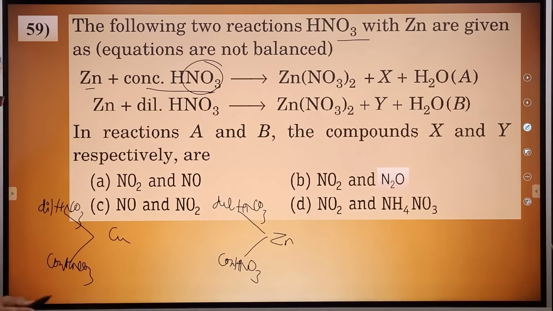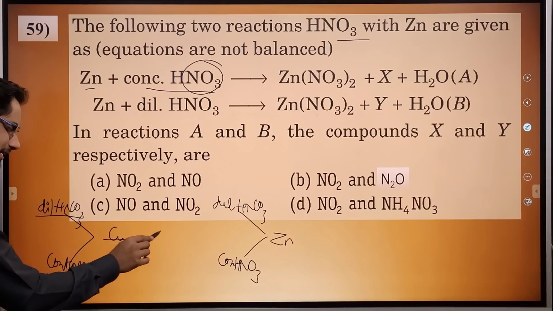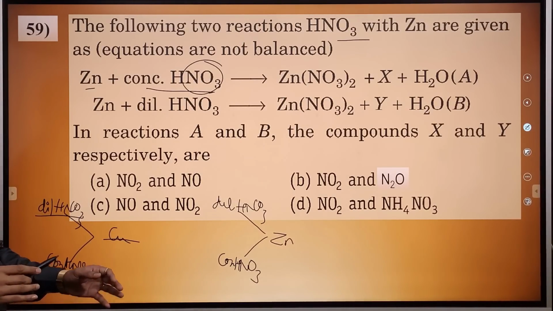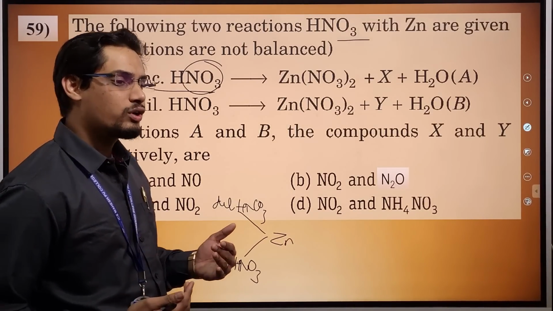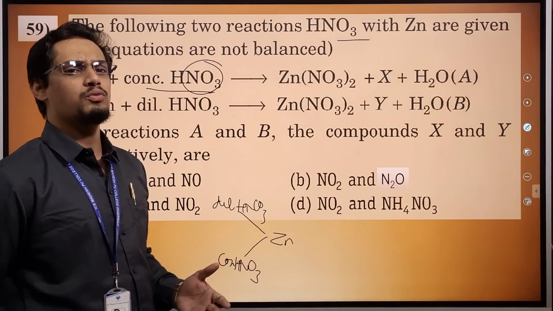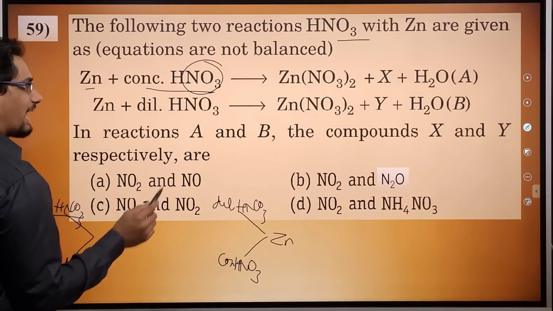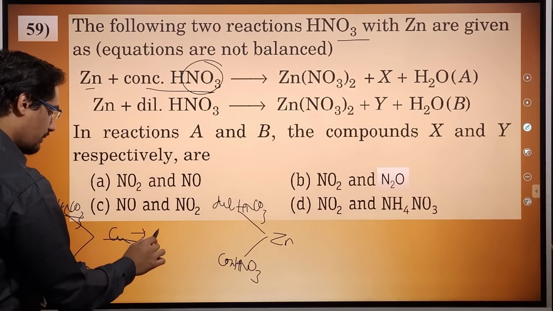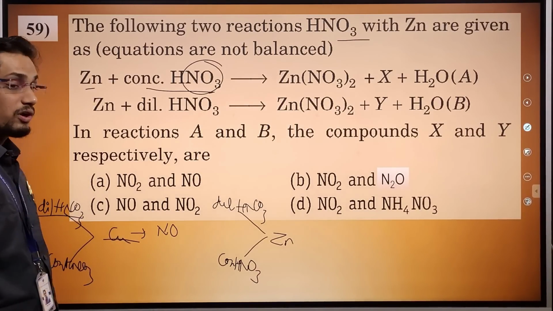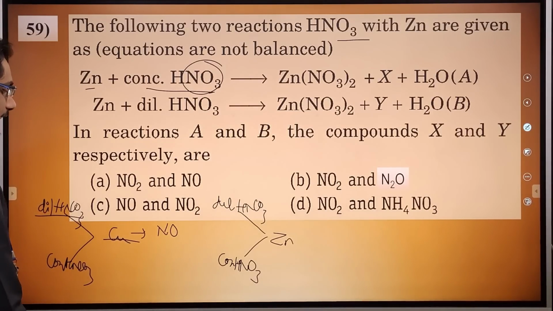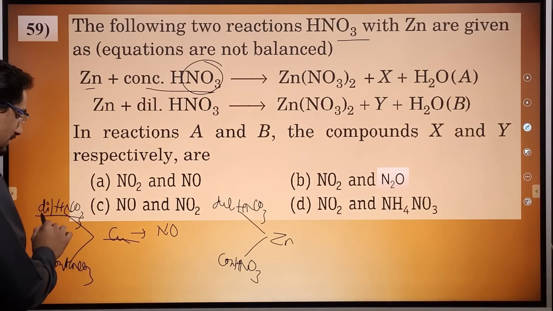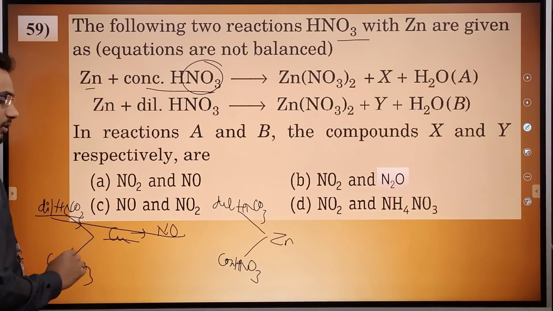The shortcut is better to remember. Dilute, will it react with any metal? Usually we say no. Along with nitrate, the product will be NO, nitrogen monoxide. For dilute nitric acid, the product is NO.